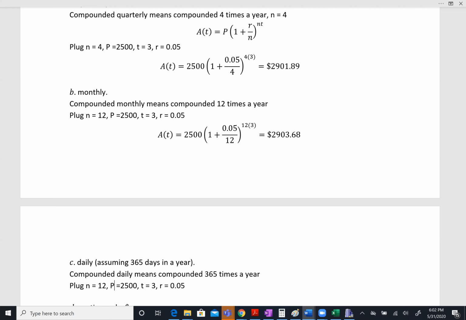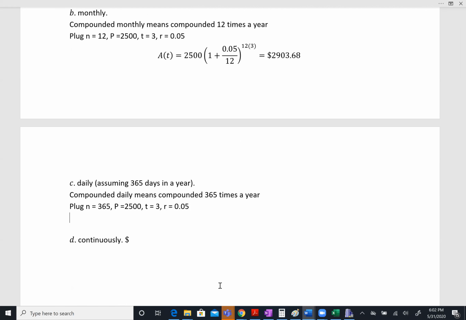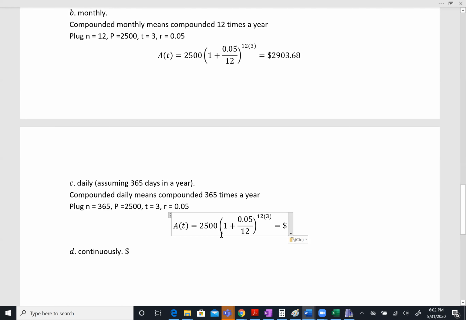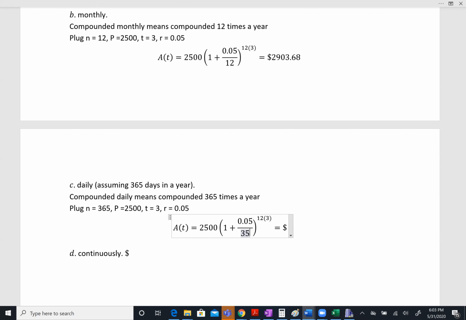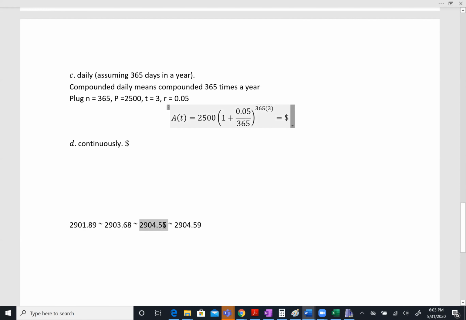So I change n to 365, and the 12 becomes 365, and the money will be, if you use the calculator, 2904.56. Try to practice on the calculator, okay? I just showed you one time, so you should know how to do it.